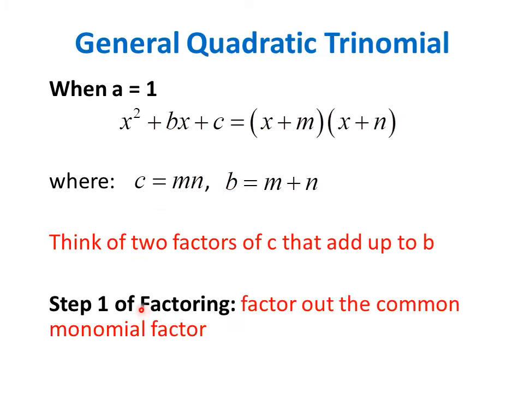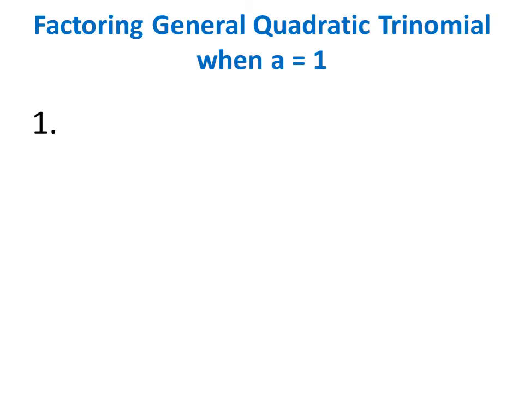Before we consider any problem, let's remember the first step of factoring any given expression, and that is to factor out the common monomial factor. Okay, we can have a shortcut here. In this case, again, the coefficient of the first term, or a, is equal to 1.